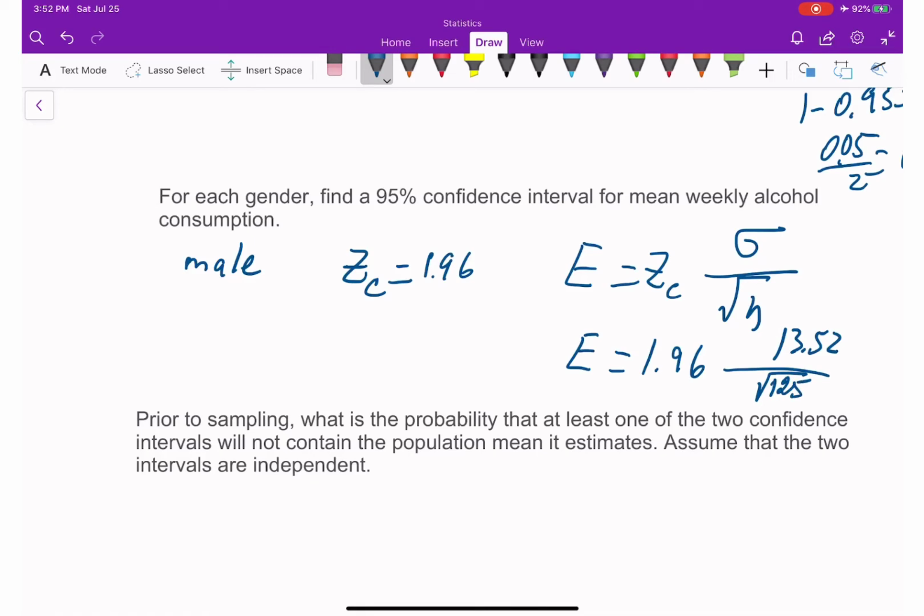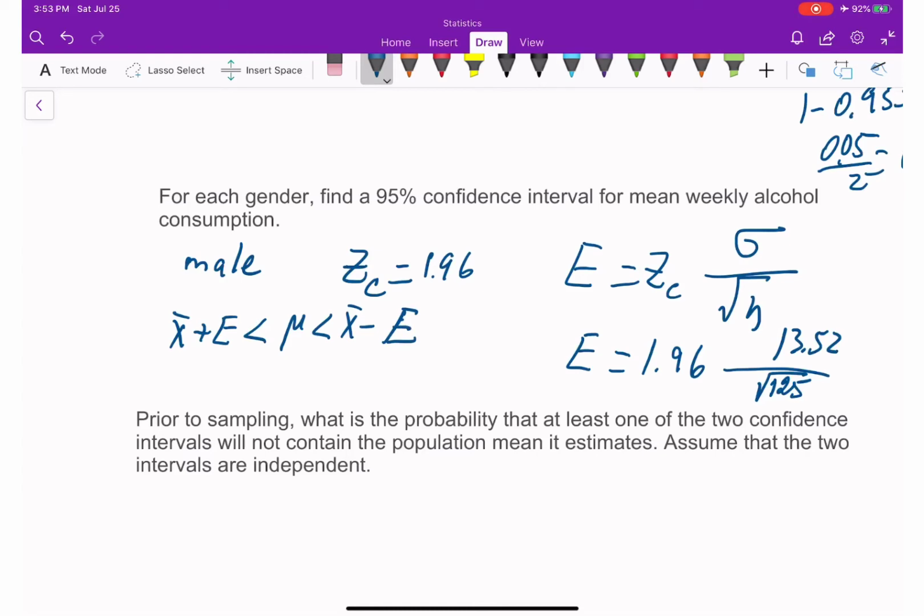Then whatever number you get, for the interval, it's gonna be x bar plus error, x bar minus error.